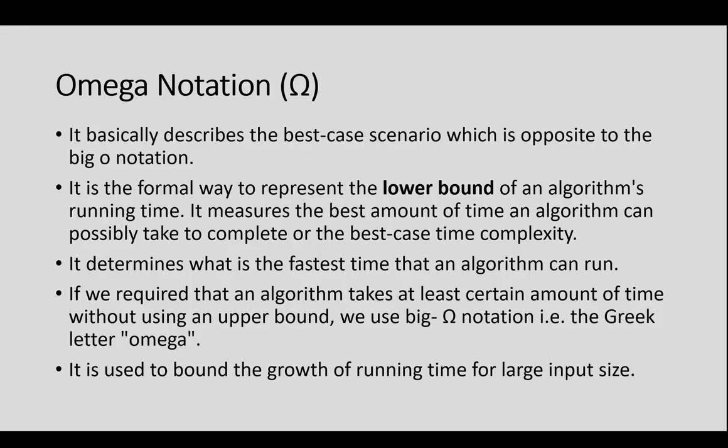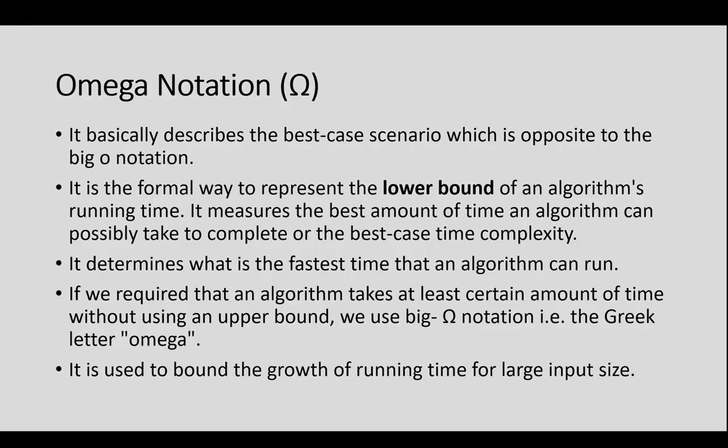The least amount of time an algorithm will take to complete its execution is measured by the omega notation. So we also call it the best case scenario, or best case time complexity. It determines the fastest time that an algorithm can run.